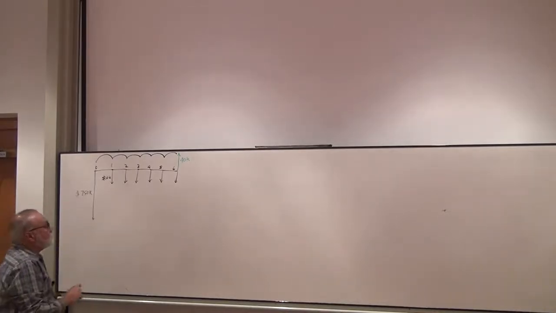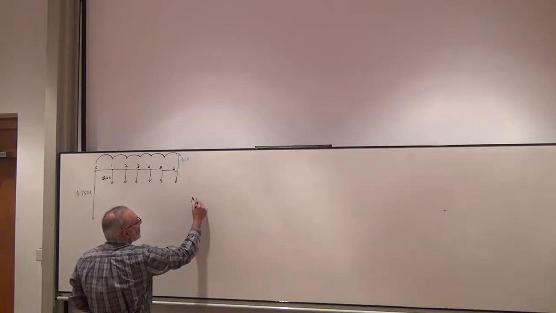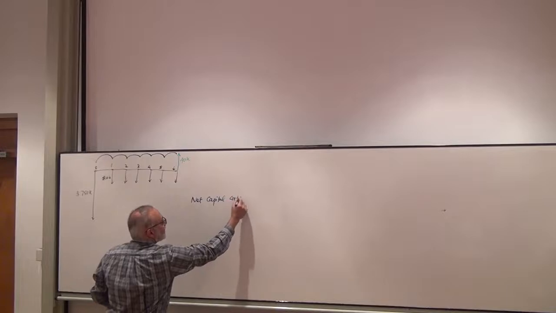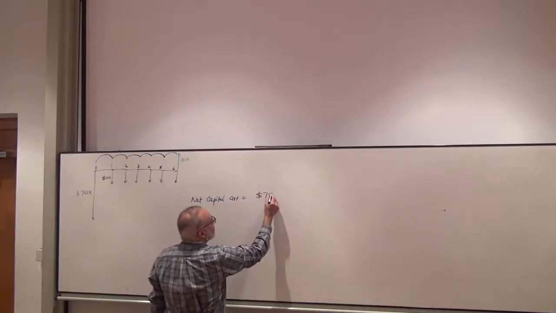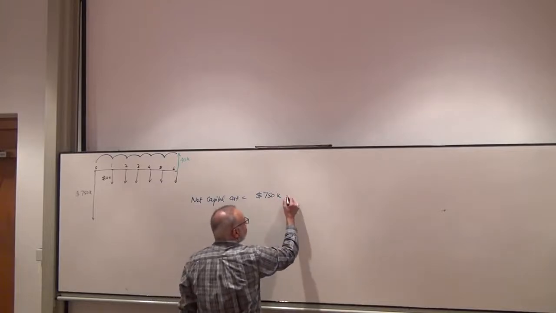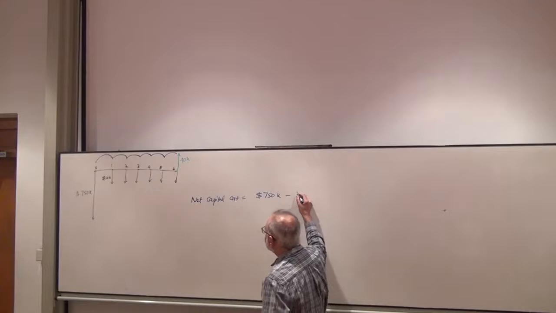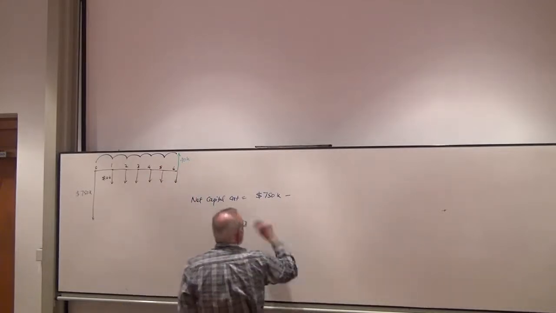Okay, so we have the salvage value. We can call it the net capital cost, which is equal to $750K minus the salvage value. The salvage value is positive here, so we subtract it.